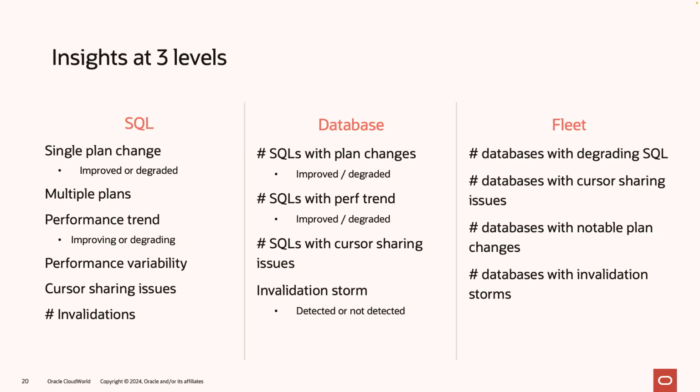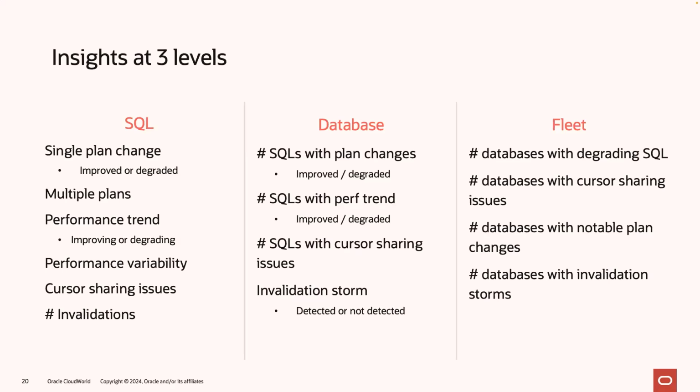And then similarly at the fleet level, we roll up how many databases had degrading SQL, how many had cursor sharing issues, how many had notable plan changes, how many had invalidation storms, right? And when you get to the database and fleet level, we also apply some thresholds.